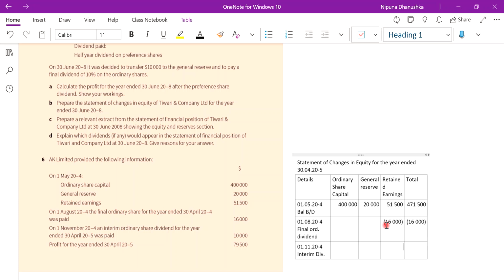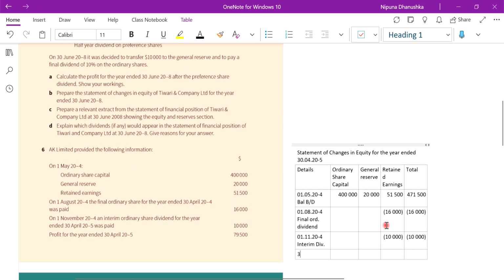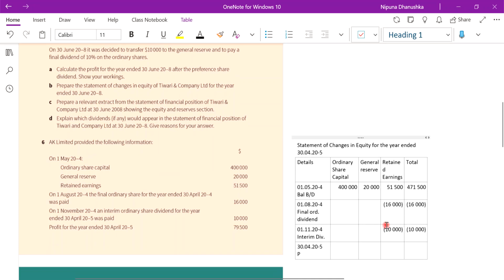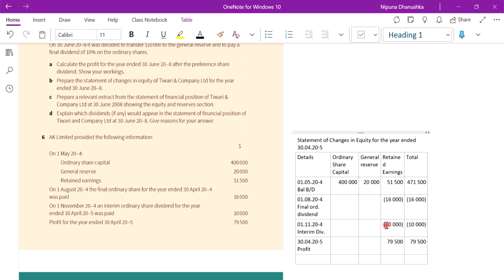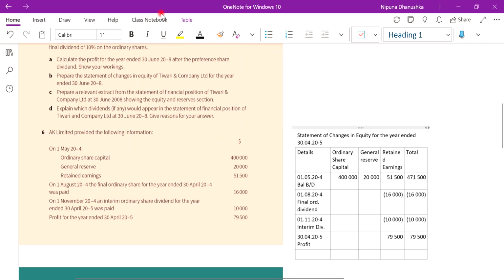Interim dividend 10,000. And then profit for the year ended 30th of April, 79,500.